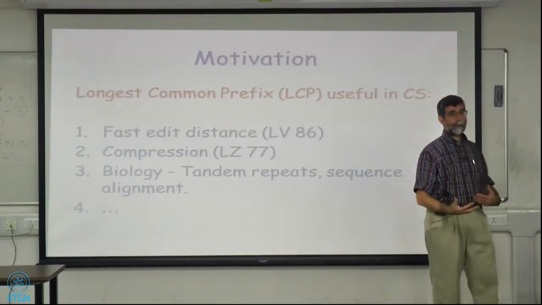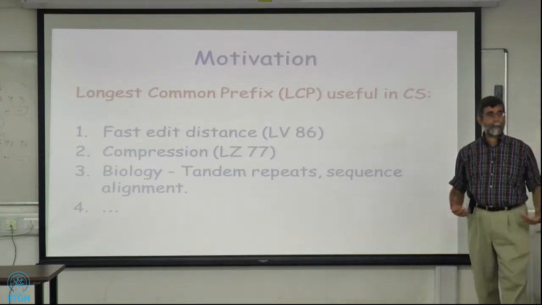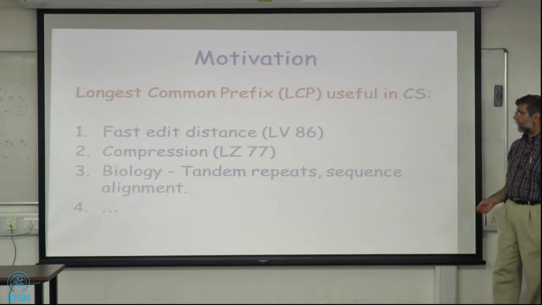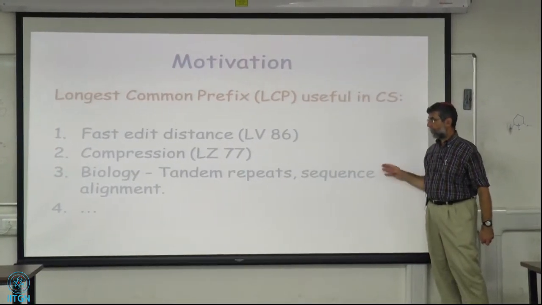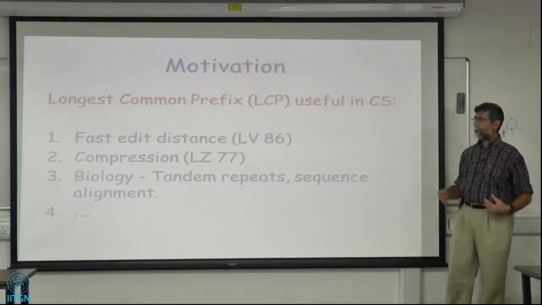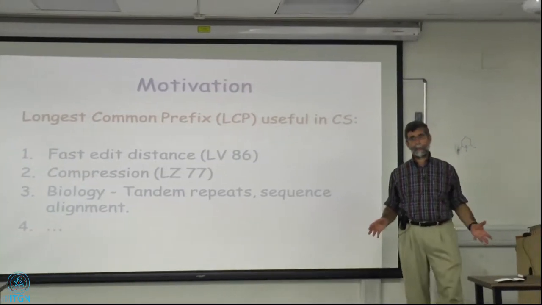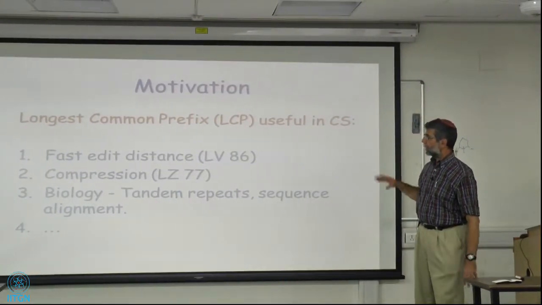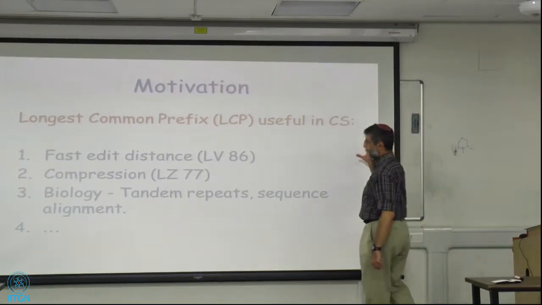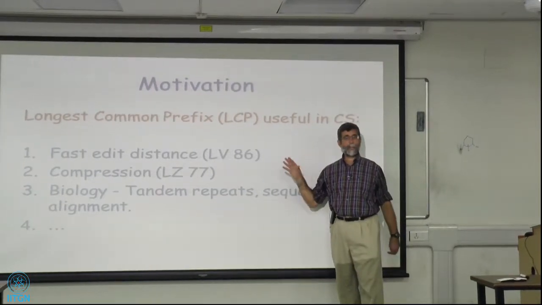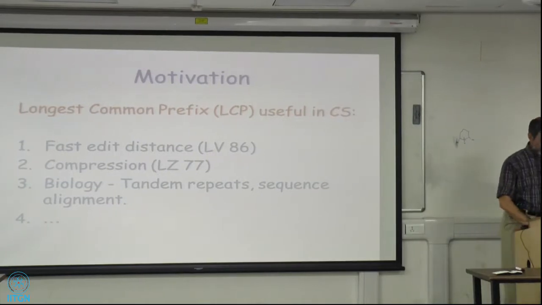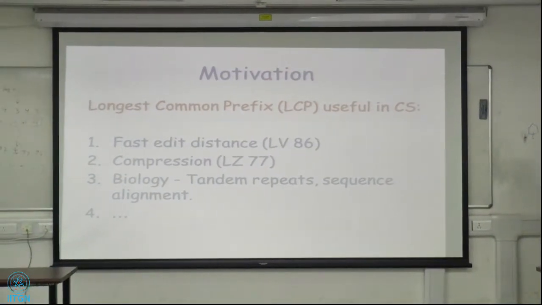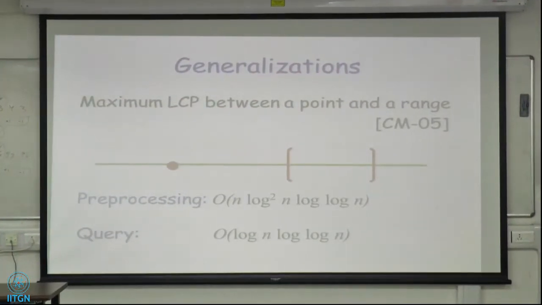And in fact, you can use suffix trees and LCAs for doing Lempel-Ziv compression. Longest common prefixes are used a lot in biology. When you do tandem repeat, sequence alignments, all kinds of problems they have in biology, they use the longest common prefix problem. So it's something that is used a lot. We have used it, and a lot of people use it. So there are algorithms that know how to do it.